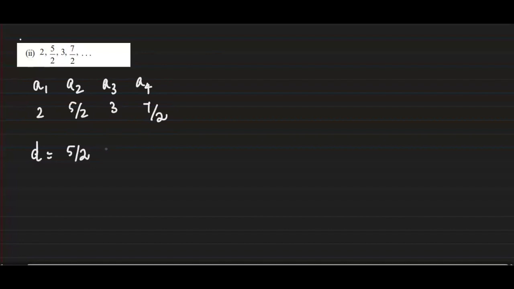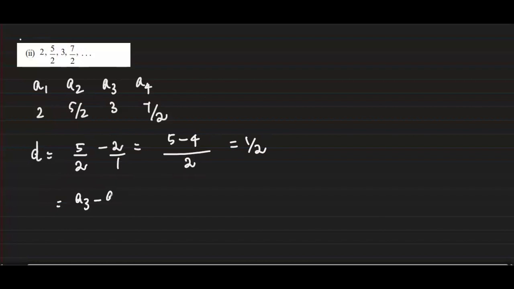So 5 over 2 minus 2, take an LCM. The LCM will be 2, then 5 minus 4, which is equal to 1 by 2. Or we can also find A3 minus A2.